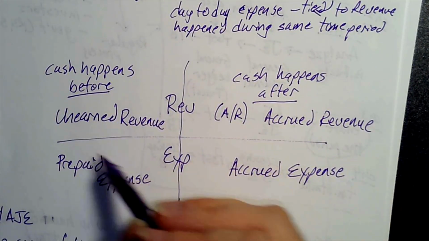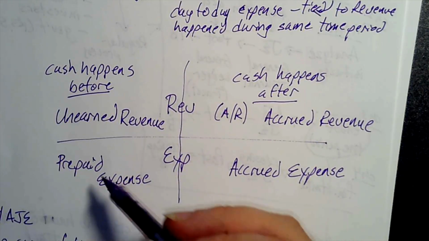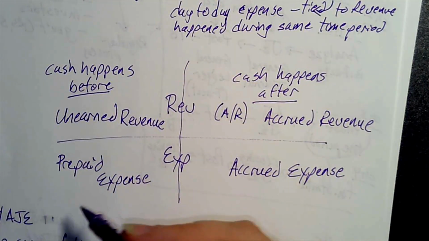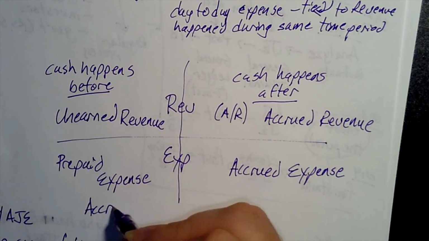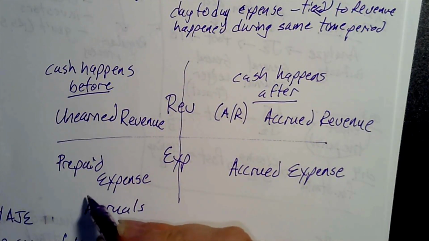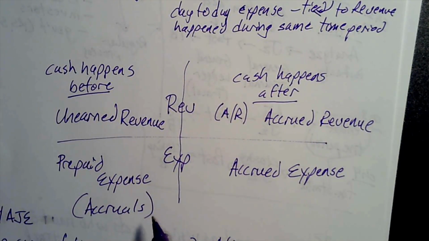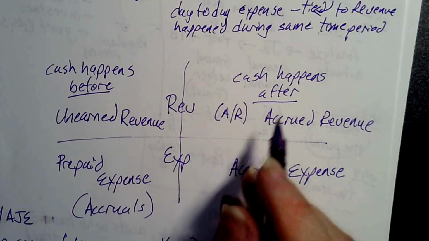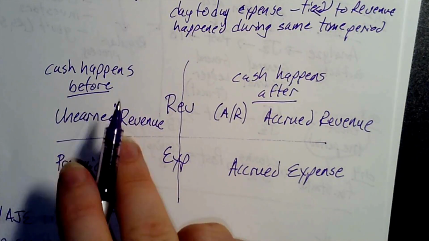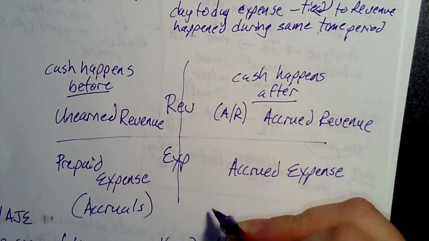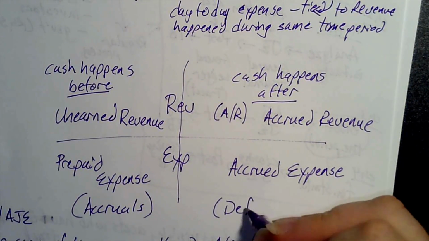So we've got 4 different items here. Now the ones in this column, we actually call accruals. And I know it's sad that they couldn't come up with another name, because we've already defined accrual accounting as being something, but we also have this side of the chart being called accruals, and these are called deferrals.